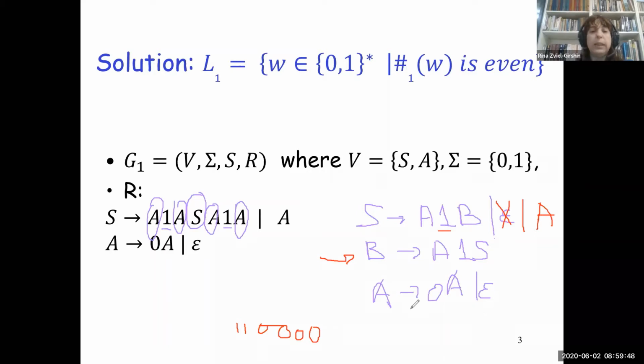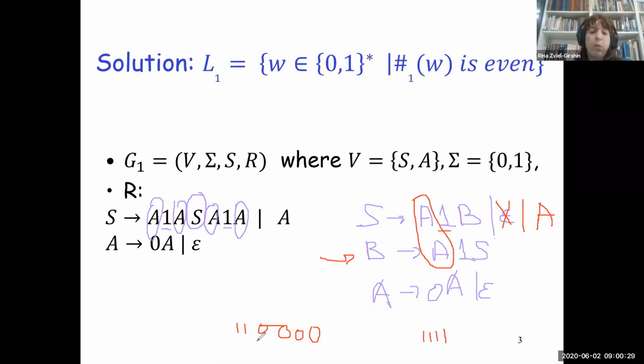So basically, once again, the idea of the additional grammar that I wrote. For first one, I have odd number of ones and I move to new variable B. When I have additional 1, I return back to S since I have even number of 1s, and I continue to jump between B and S with having as many zeros as I want using A. And then when I decide to finish, I can use B epsilon and finish with the word ending with 1.